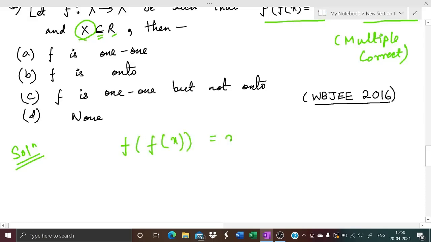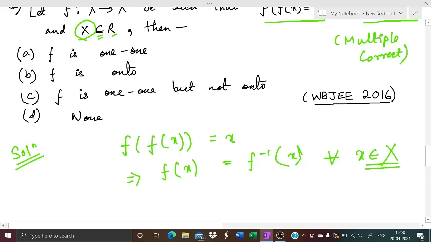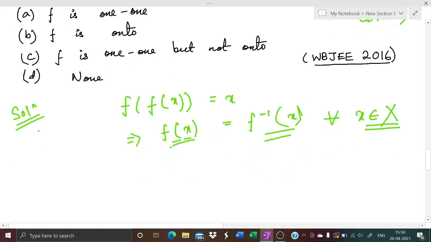Now if I take f inverse on both sides, then it would be f of x equals to f inverse x for all x belonging to the set X. Now for all the values of x, f of x equals to f inverse x. That is, the value of the function and inverse is the same for all the values of x, which means that inverse exists. Inverse exists for f.